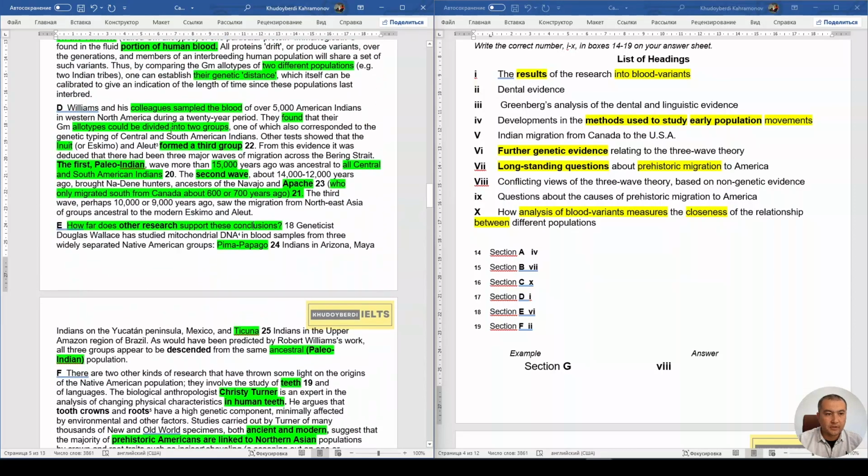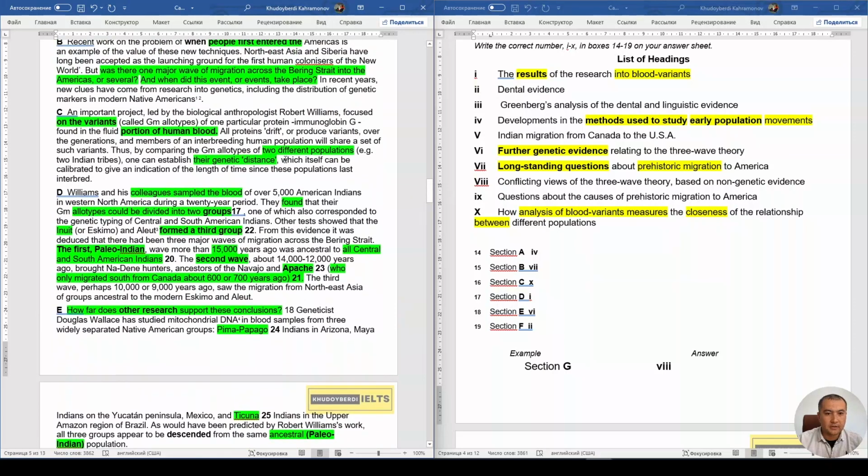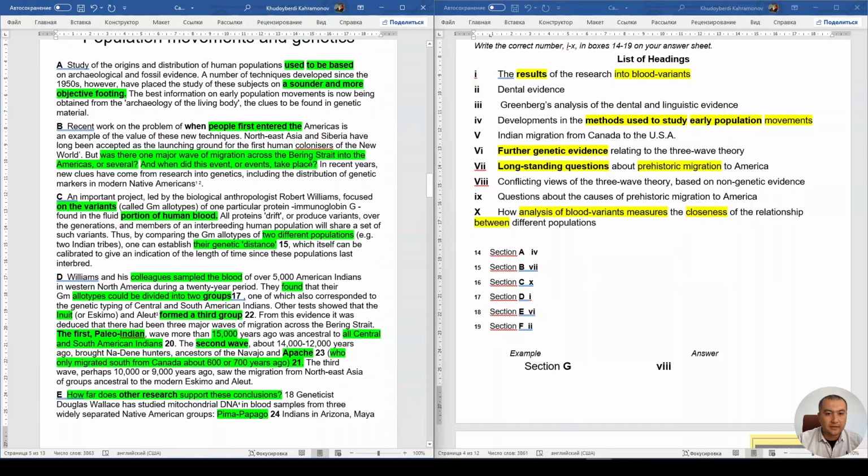And 17, this one, and genetic distance, this is 15, and first entered, which means, so which one?